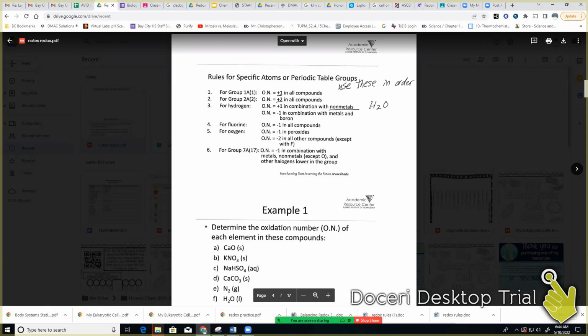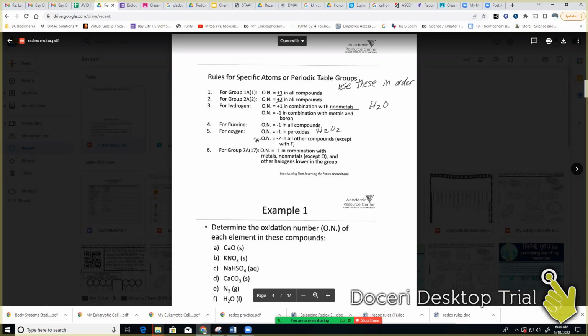For fluorine, the halogen fluorine, its oxidation number is -1. Oxygen is -2 in all compounds, except if it happens to be with fluorine, and it's -1 in peroxides. Remember, we said that's kind of a different class where oxygen carries a -1 charge instead of a -2.